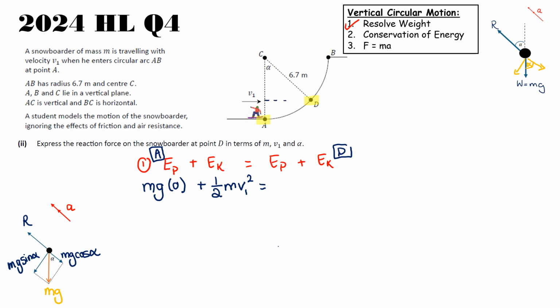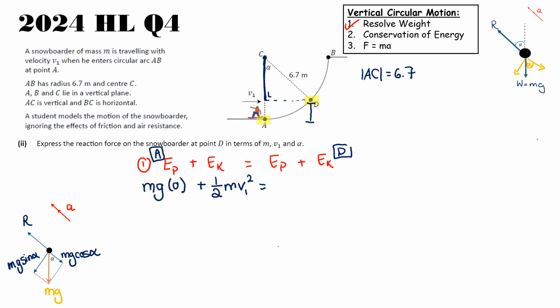Now we need to think about, well, how high is this? So we have a few different ways we can think about it. So the total height here is 6.7. So the length from A to C is 6.7. And we can work out this little part of the triangle because we have our alpha.